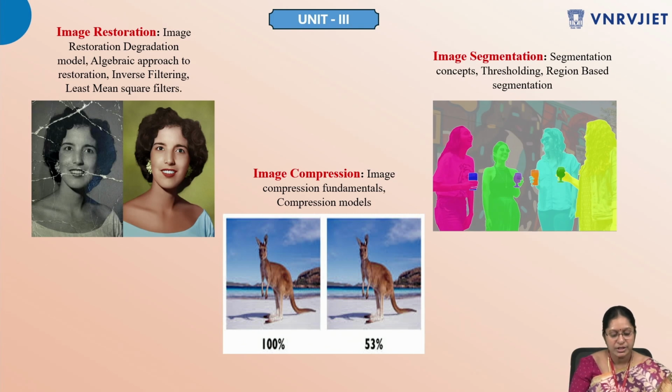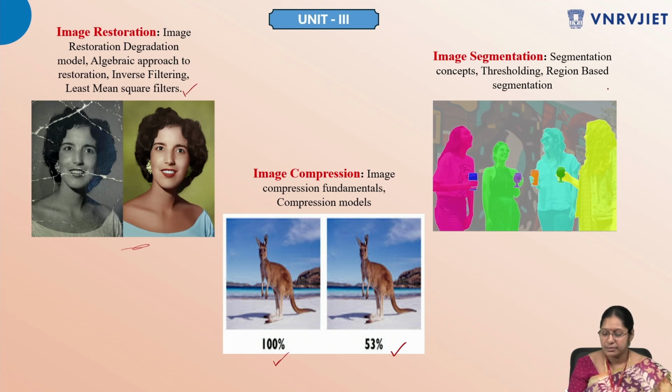In image restoration, algebraic approaches are applied here. Without loss of information, the image will be restored. And next, image compression. Here we are applying compression fundamentals and different types of compression models. In this example, 100% size of the image will be compressed to 53%.